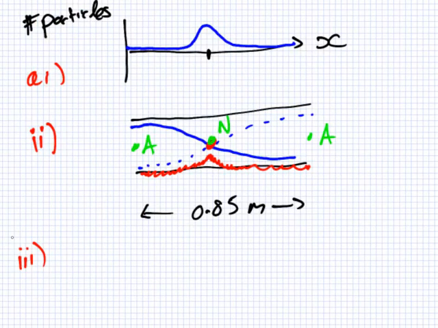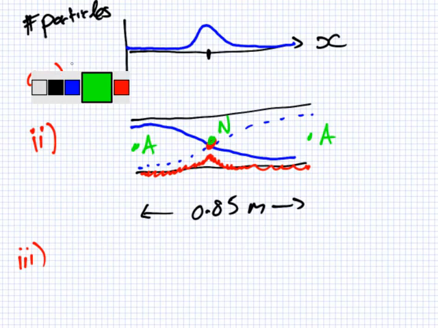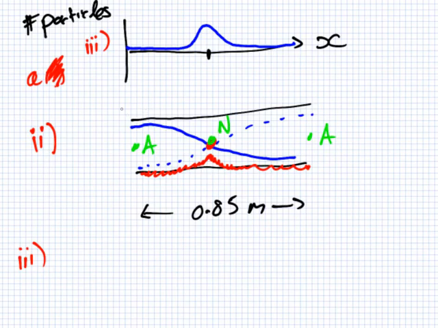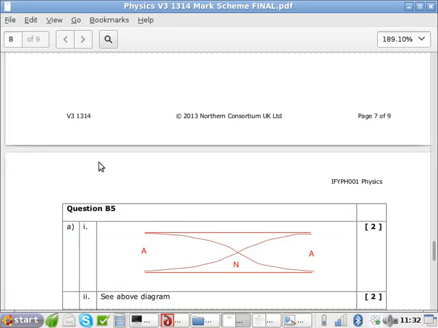Part 3. Oh wait, drop. Oh, actually, this is what I drew here is actually the answer for part 3, I think. And this is the answer for part 1 and for part 2. In part 3, they wanted the diagram for the amplitude.